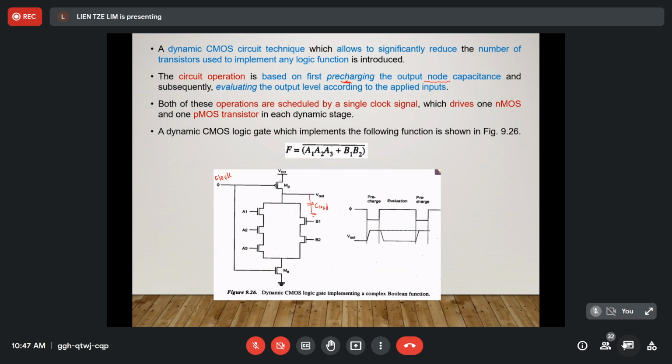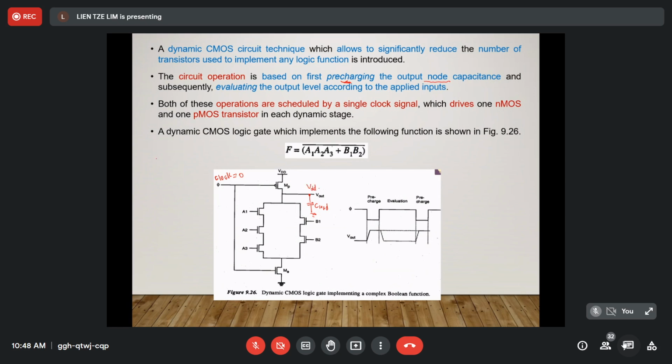Okay, and then when the clock is low, this PMOS will turn on, so there will be current flow, and this capacitance will charge up. We call this process the pre-charging process. And then here the V out will be VDD.